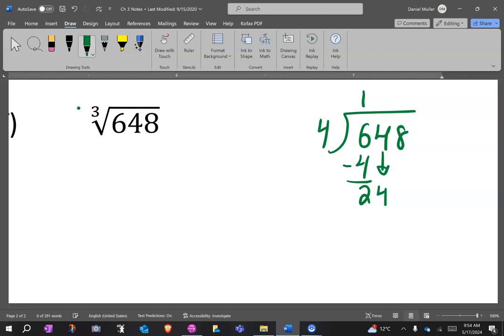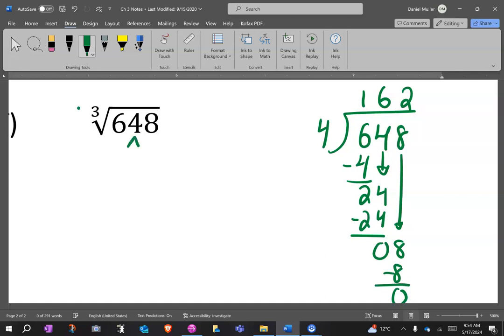So 4 goes into 24 6 times, which is 24, which gets you nothing. And I can bring down this 8. 4 goes into 8 twice, and so I get a 0. So it goes 162. So I can separate this into 4 and 162.